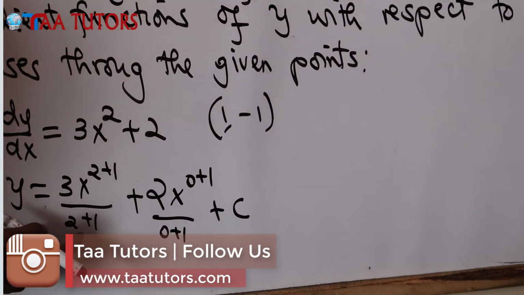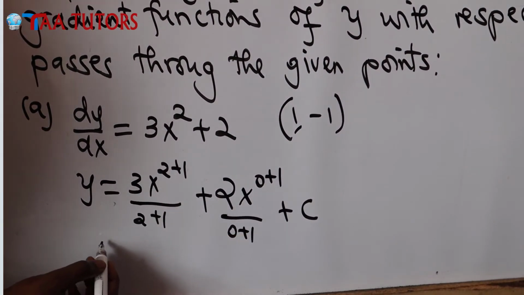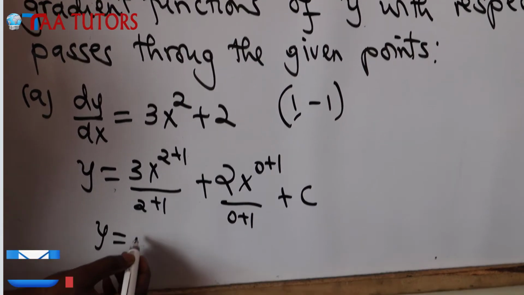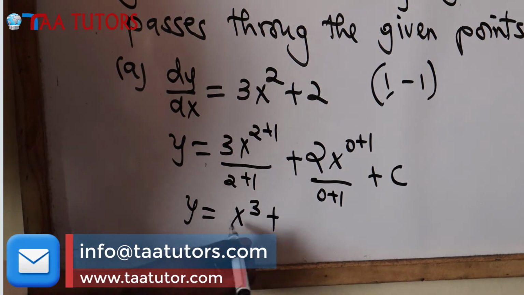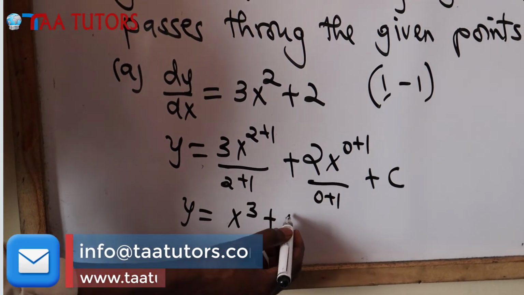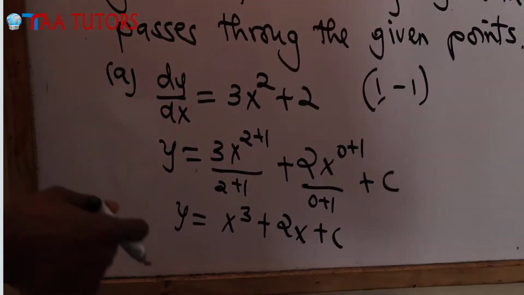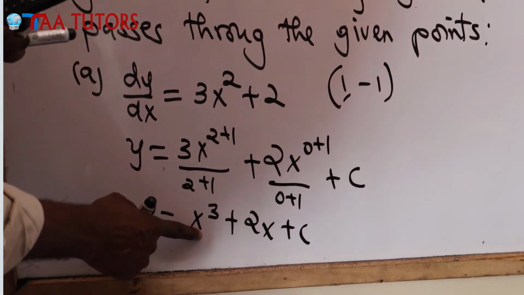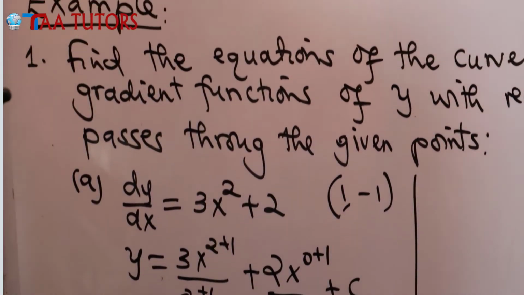If we solve this, 2 plus 1 is 3, so 3 divided by 3 is 1. So y equals x cubed plus 2x, then plus c. So now we have the function y equals x cubed plus 2x plus c, but we know we need to get c.